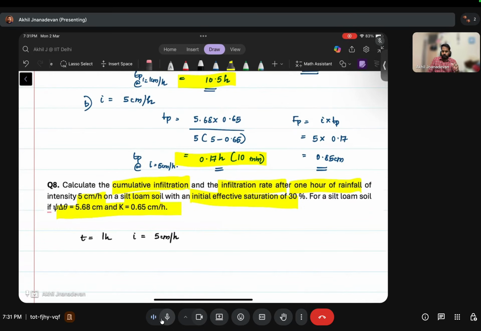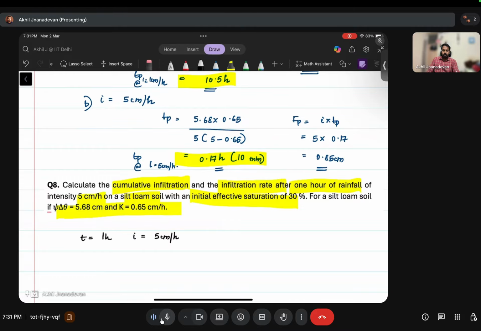After 1 hour, that means ponding has already occurred. Now they are asking for the infiltration after ponding has started, that is from about 10 minutes to 60 minutes. What is the infiltration happening?